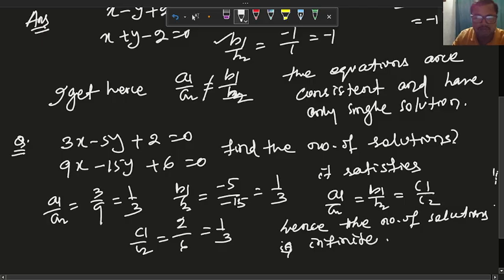Infinite number of solutions means many solutions.